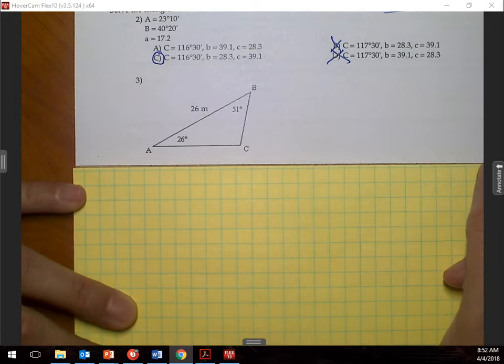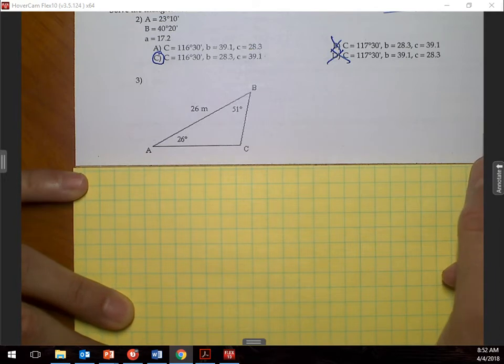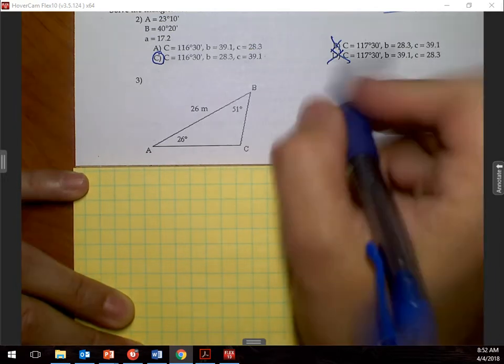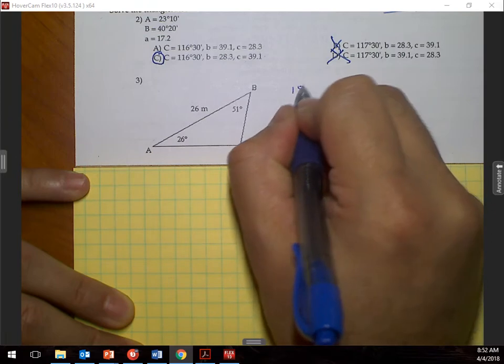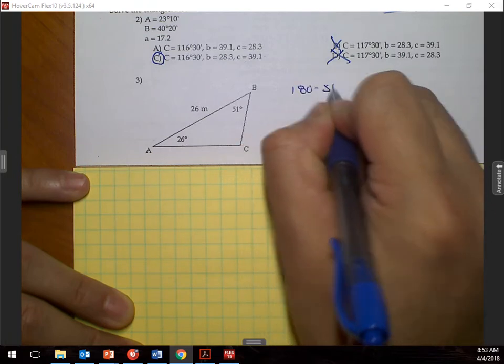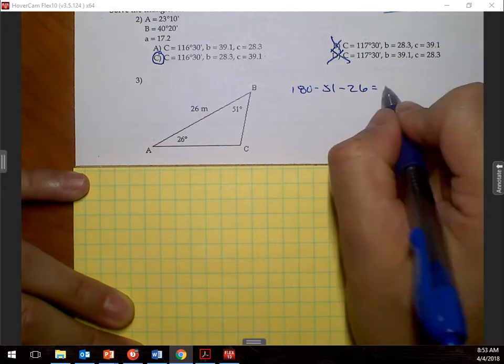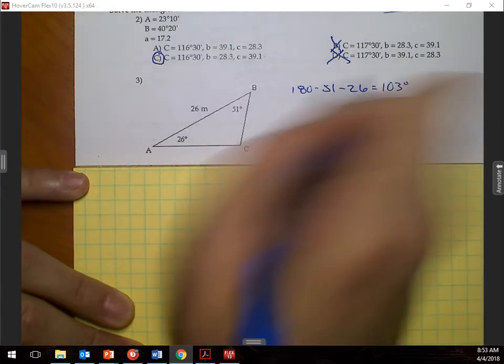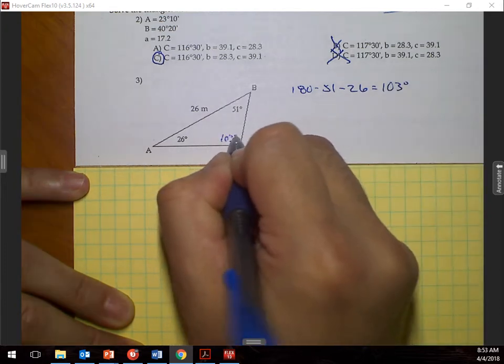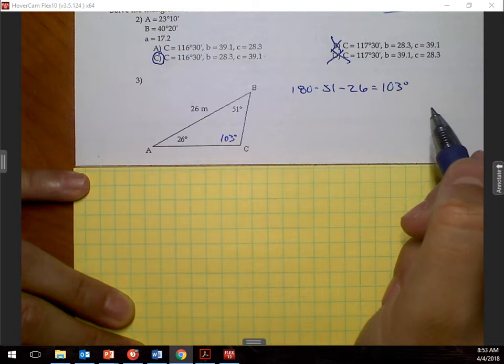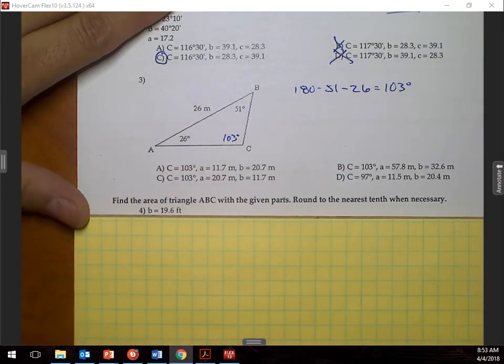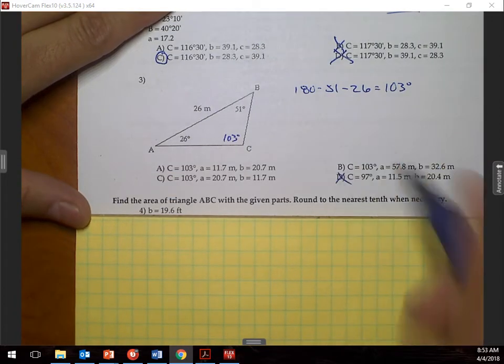Angle C. Yeah, subtract them from 180, right? So it's going to be 180 minus 51 minus 26 is equal to 103. Now that I have that, let's do some elimination. I'm only going to get rid of 1 on this one.